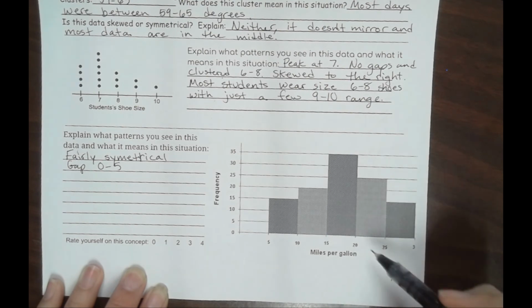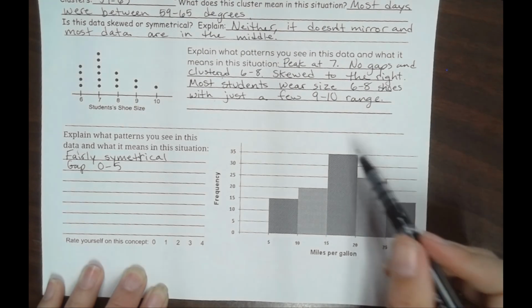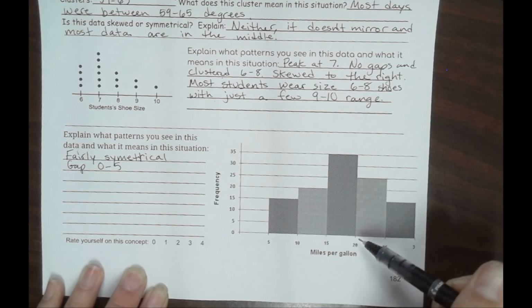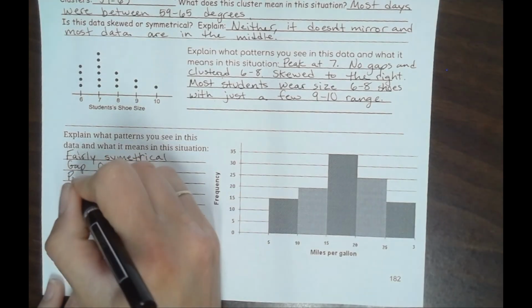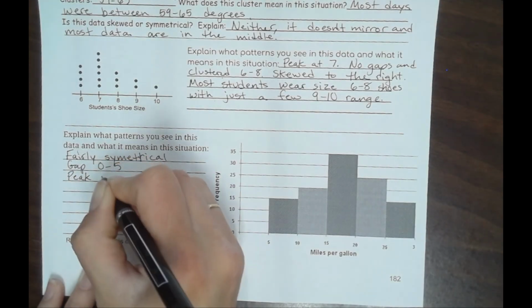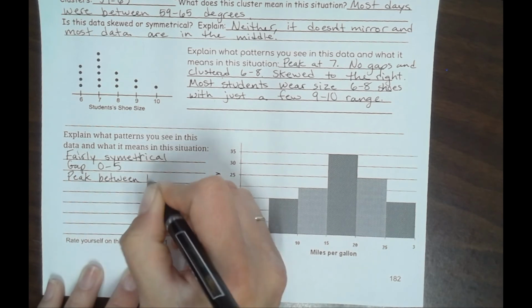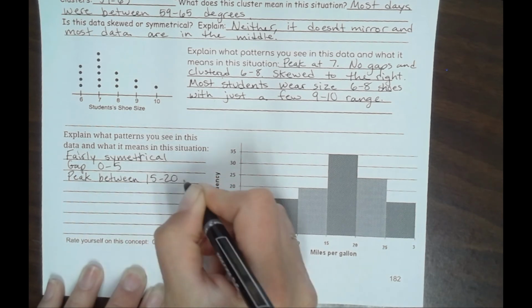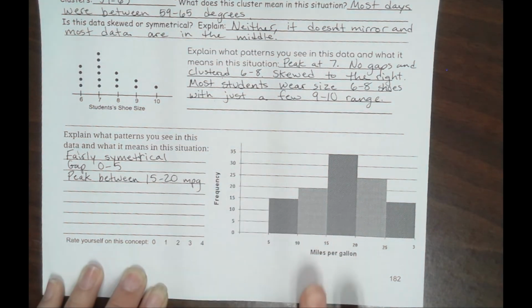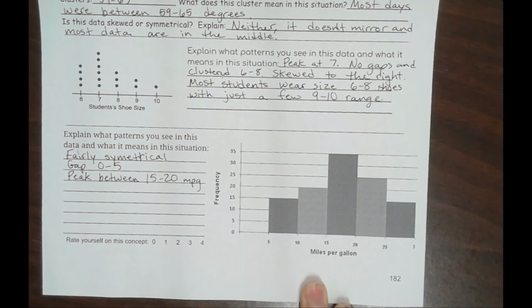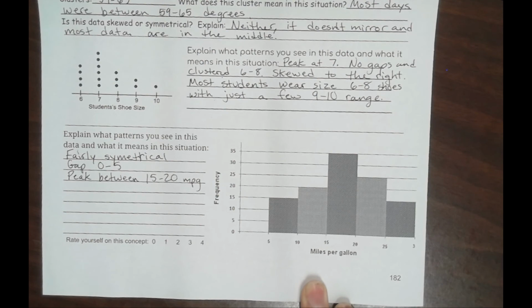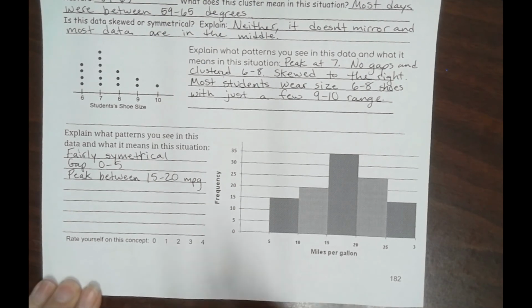Okay, what else do we have here? Looks like we have a peak between 15 and 20. What else do we have? Okay, it's not skewed. So what generalizations can we make from this?